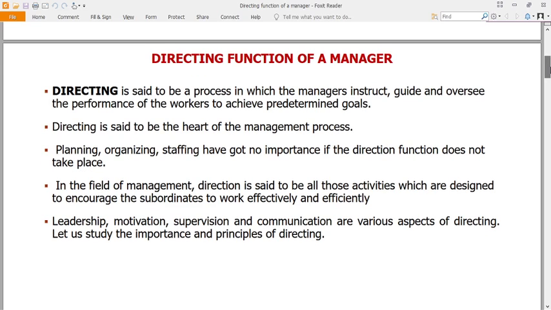We are going to look at the directing function of a human resource manager. Directing is a process in which managers instruct, guide, and oversee the performance of all workers to make sure that they achieve the predetermined goals of the organization.